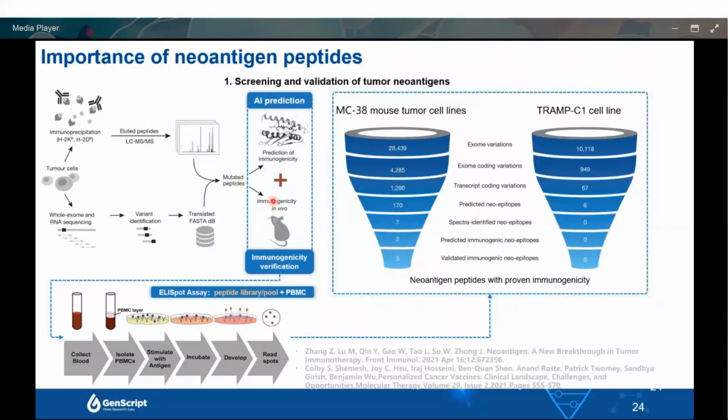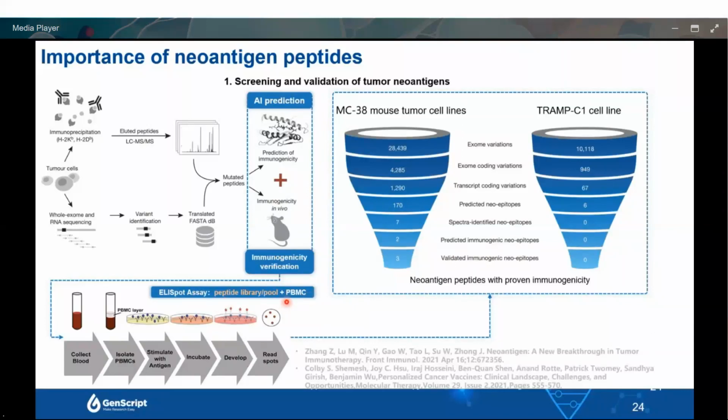During this screening and validation process, an important material is neoantigen peptides, because we need the peptide library or a mixture of the neoantigen peptides to incubate with the PBMC.